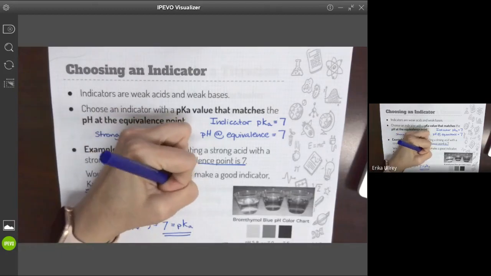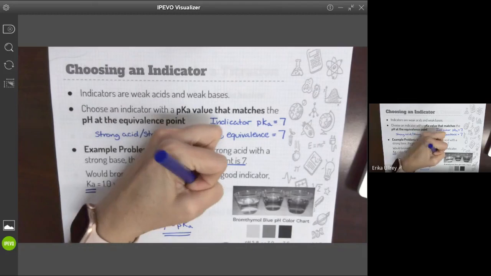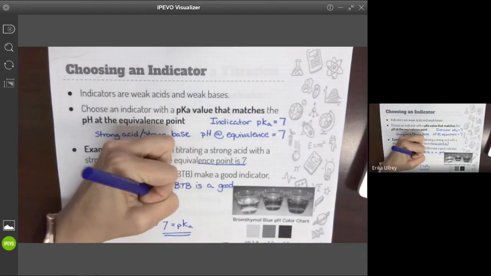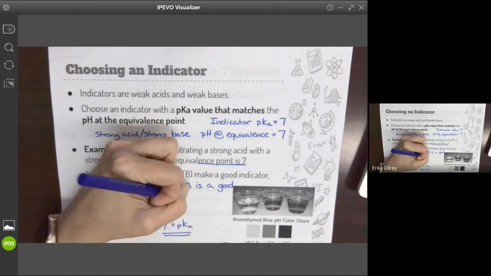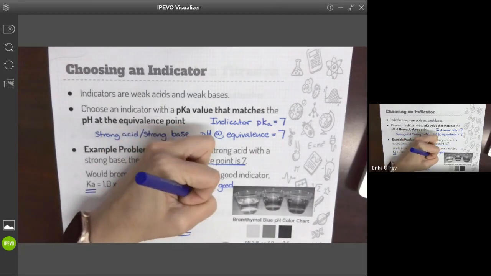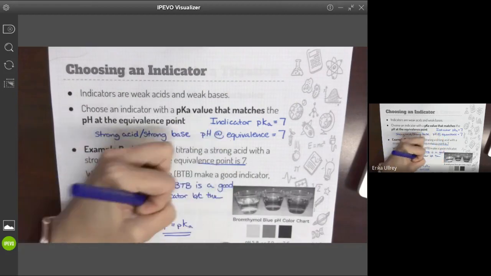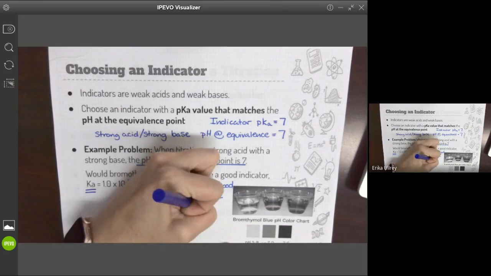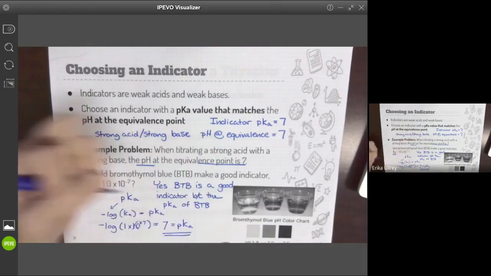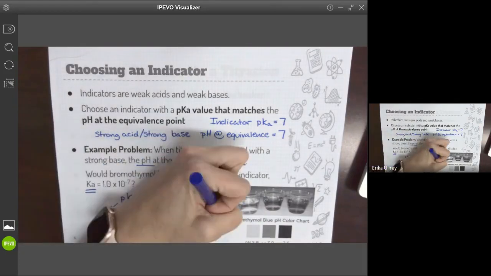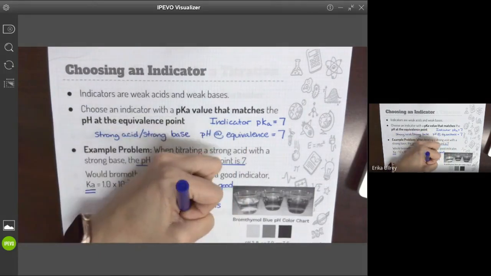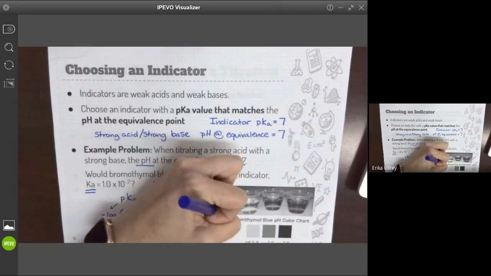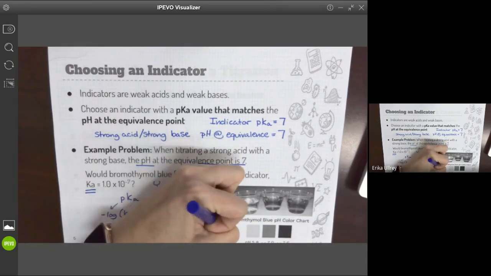So the answer to this would be yes. BTB is a good indicator because the pKa of BTB, which is just the shorthand for bromothymol blue, is equal to the pH at equivalence.